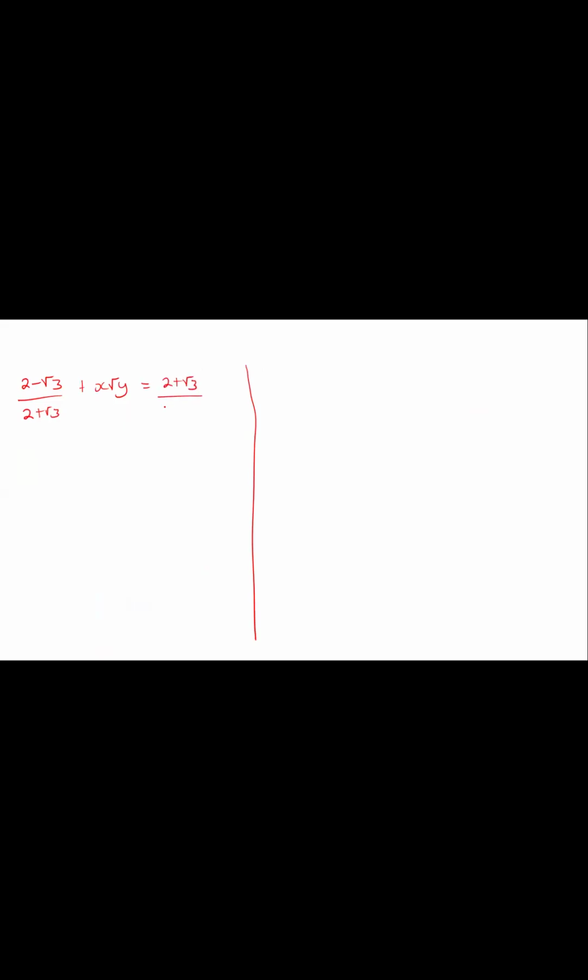So another way you could do it, you could come and say 2 minus root of 3 out of 2 plus root of 3 plus x root of y equals to 2 plus root of 3 out of 2 minus root of 3. Now what you can do, you can first simplify this alone. So you say 2 minus root of 3 out of 2 plus root of 3.